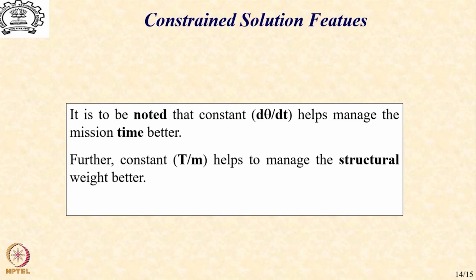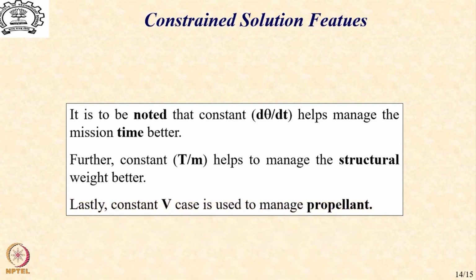Similarly, when we specify constant T by m, that helps us to manage the structural mass better, as T by m represents an indicator of the forward acceleration that the vehicle is undergoing. And lastly, the constant velocity case commonly helps us to manage the overall propellant mass better.